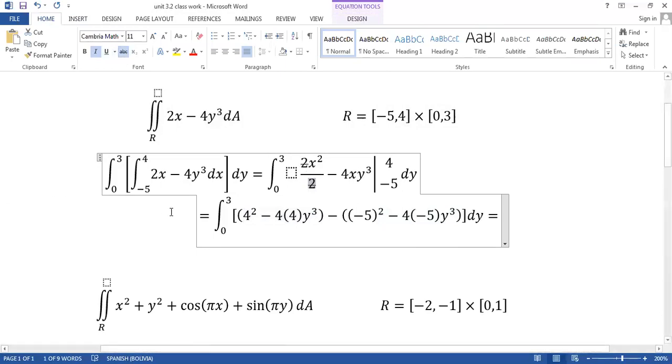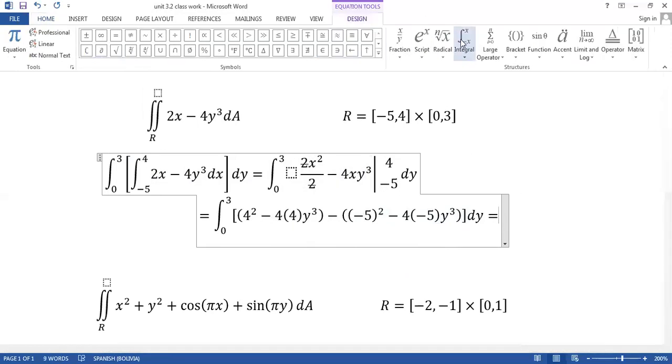The -5 represents this 5 here, because it's this equation evaluated at this number here minus the same equation evaluated at that number there. Oh, okay. So -5, yeah. So that.